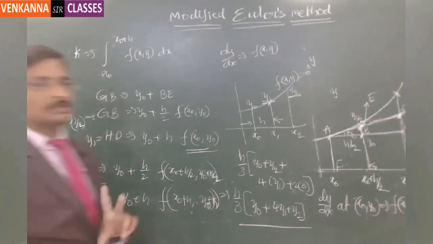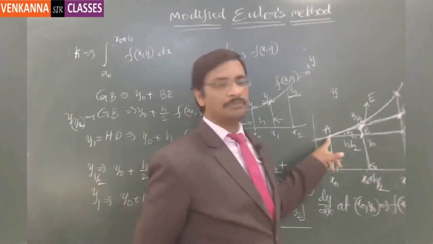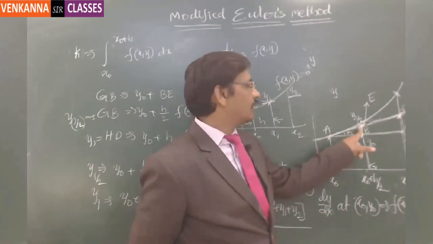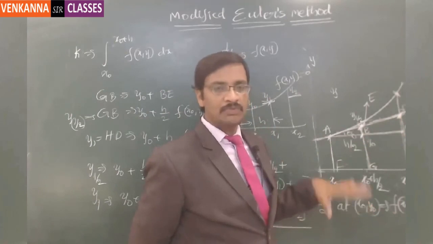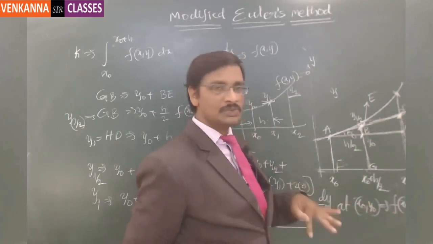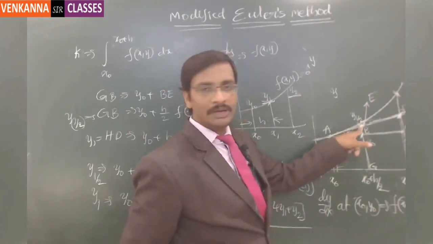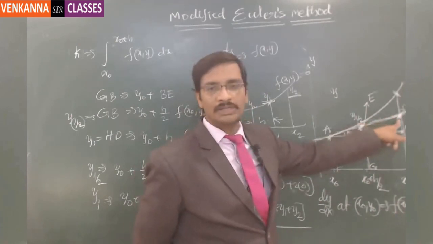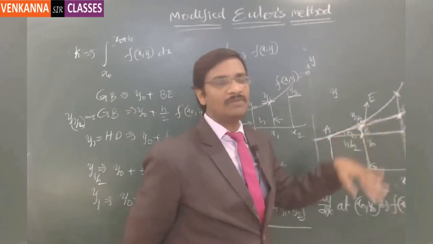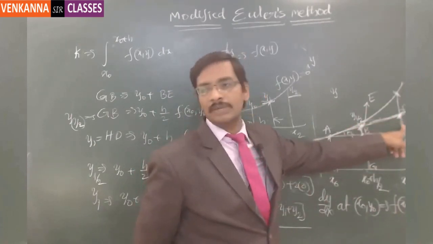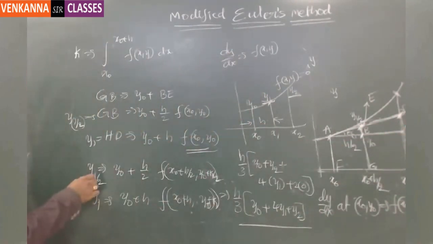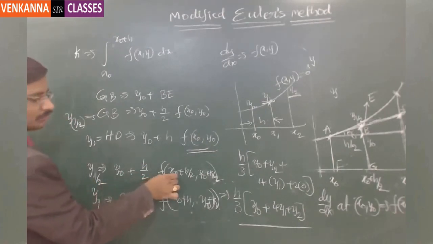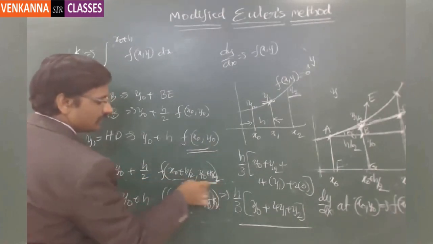So there are two steps involved. In the first step, take the slope and calculate this value. And then in the next step, when you are using that value for the Simpson's one-third rule, you will take the slope at this location and at this location to get a better value of y at each. So y at the middle point, y1 by 2, is y naught plus h by 2 times f of x naught plus h by 2 comma y naught plus k.